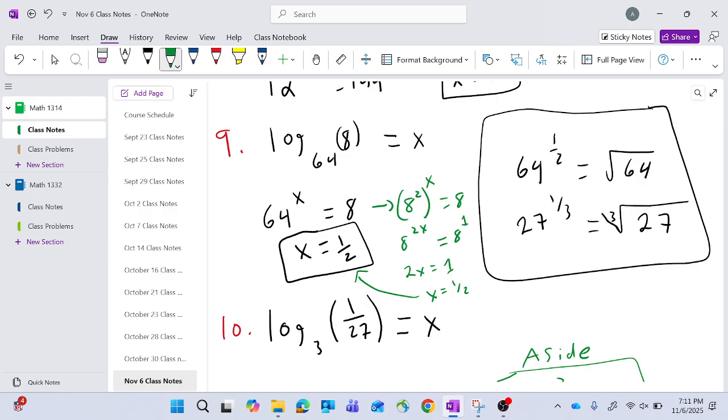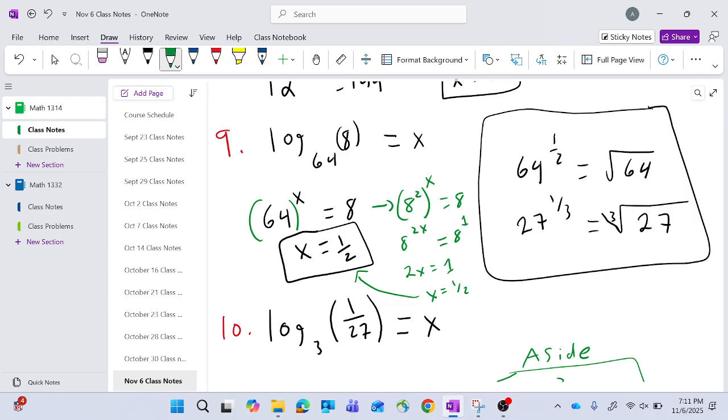Confused? What part's confusing you? Okay, so I'm starting from 64 to the x equals 8, right? Well, isn't 64 8 squared? So can't I take 64 and rewrite it as 8 squared? So 8 squared to the x equals 8. Well, remember, power to a power you multiply.